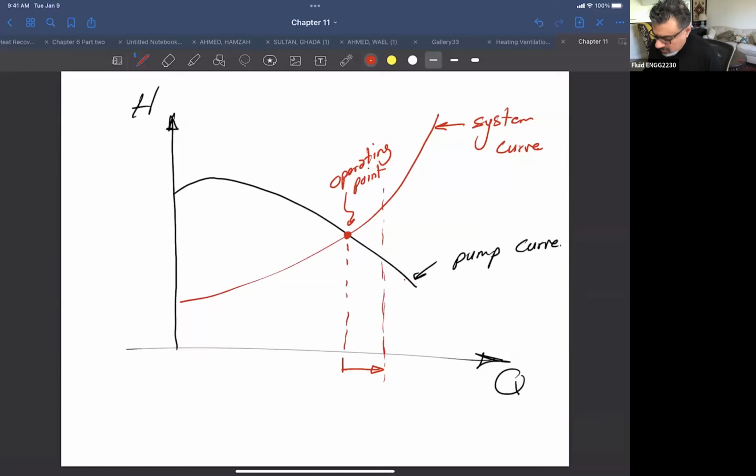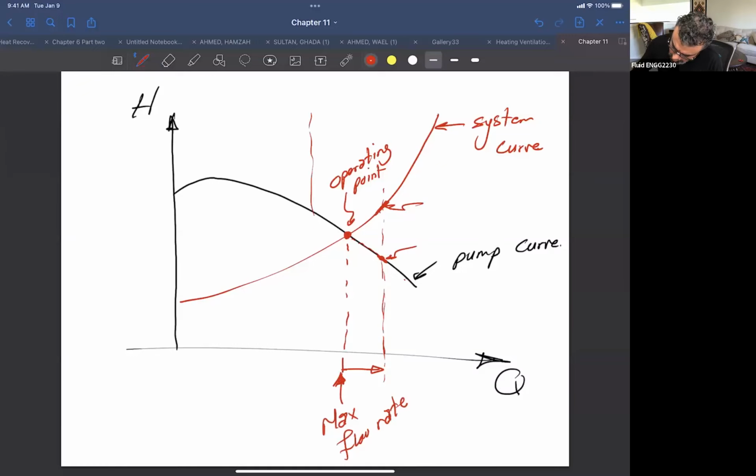Why? Because the pump at this condition can provide only this head, but the system needs this head. You see here, right? So the system needs more than what the pump can deliver. In this case, the pump will never get you a flow rate like this. And that's why we call this your maximum flow rate.